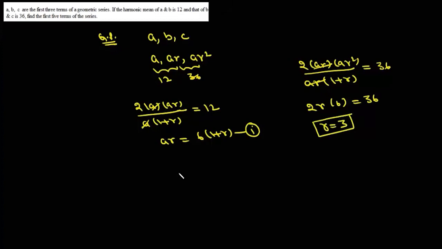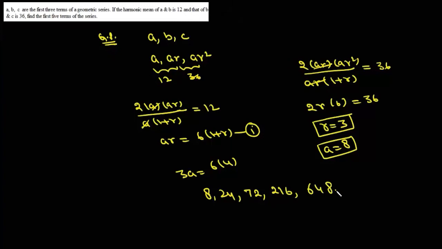And if we put r as 3, we get 3a equals 6 into 4, so the value of a is 8. So we have a and r. Now we need to write the first 5 terms. So it will be 8, 24, 72, 216 and 648, and that is the answer to this question.